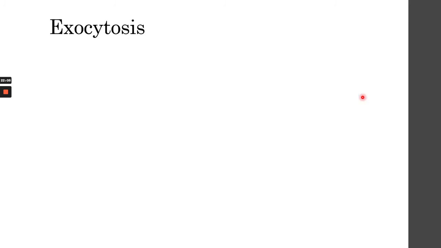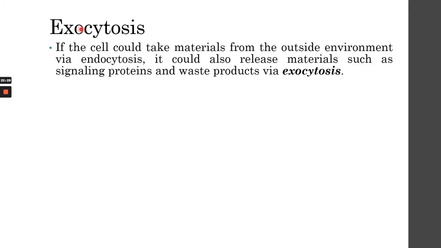And lastly, let's discuss the last part of our active transport, which is exocytosis. If endocytosis is internal cytosis, exocytosis is from the word exo, which means outside. So what exocytosis is, we are basically releasing materials from the inside of the cell to the extracellular fluid.